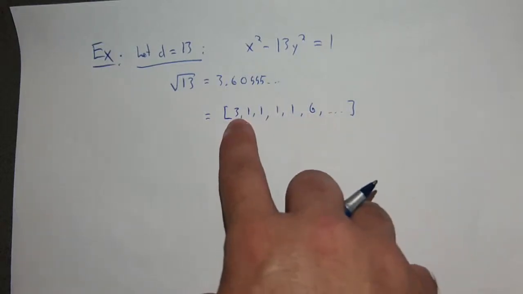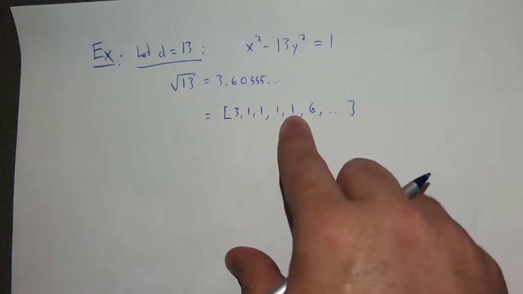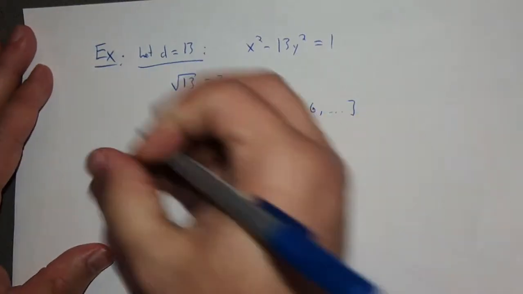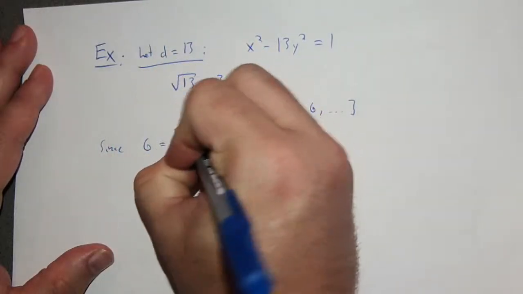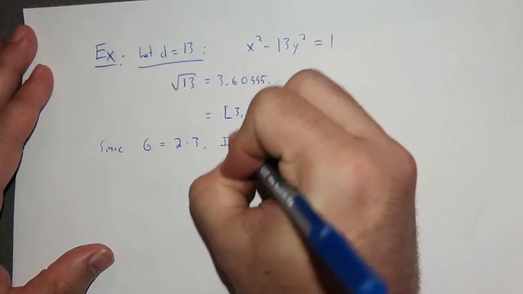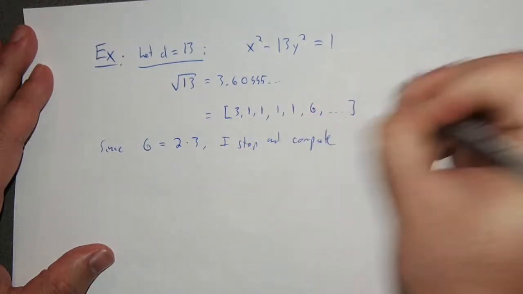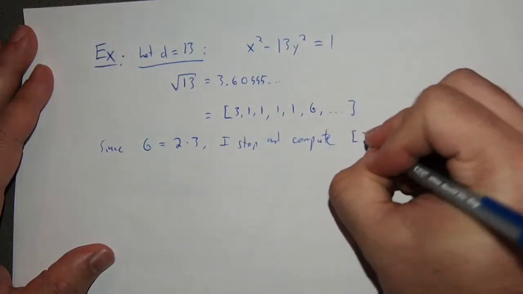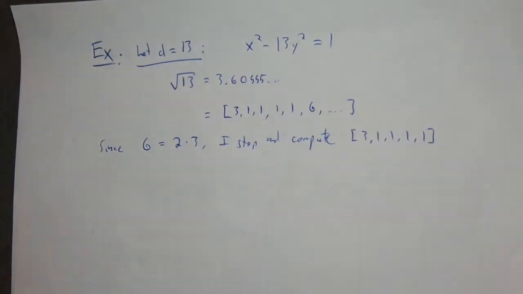So 6 is 2 times 3, and so I stop here. Okay, so since 6 is equal to 2 times 3, I stop and compute the continued fraction 3, 1, 1, 1, 1.